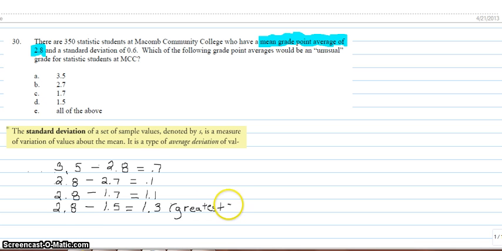The greatest or the highest deviation from the mean.